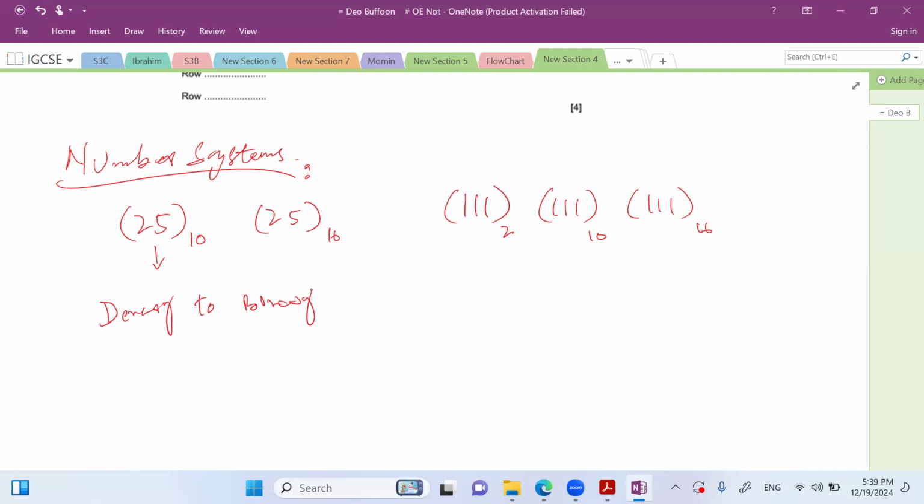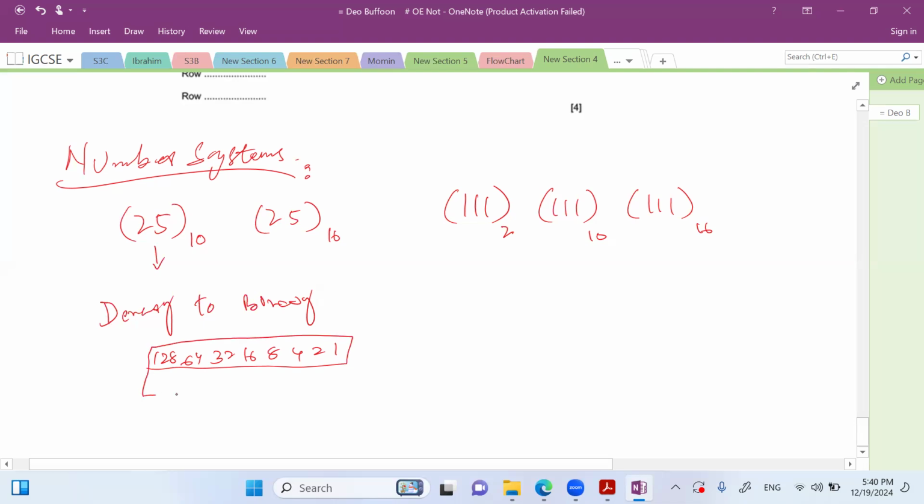So we would first write the numbers 1, 2, 4, 8, 16, 32, 64, and 128. This is known as the binary notation table.